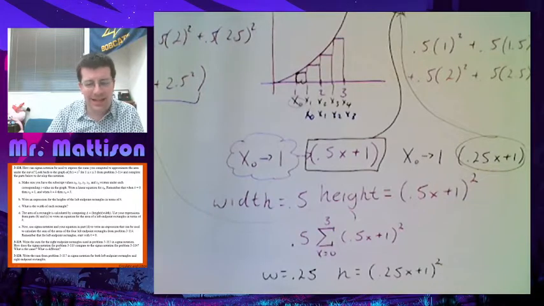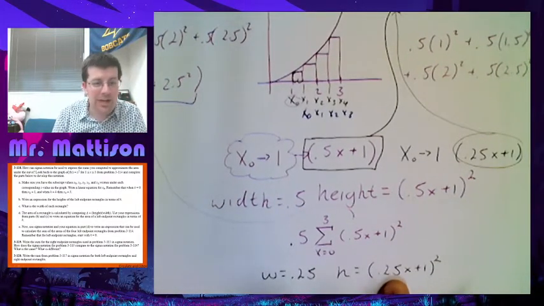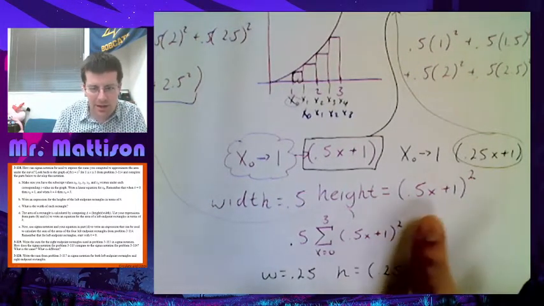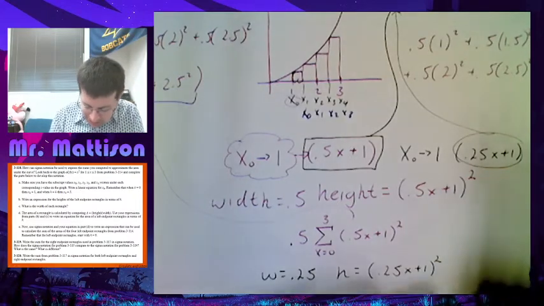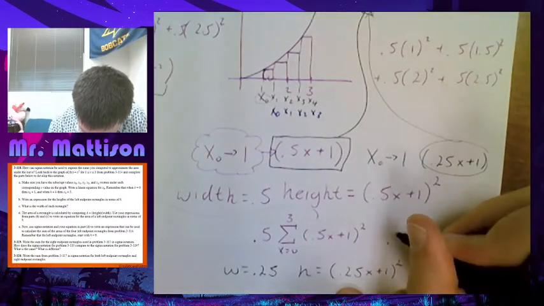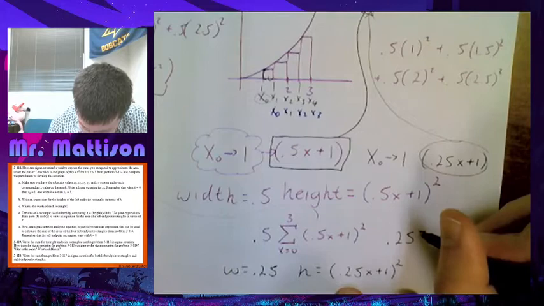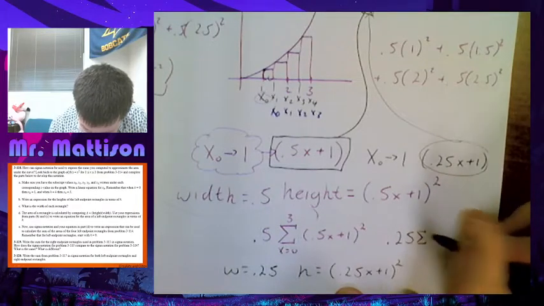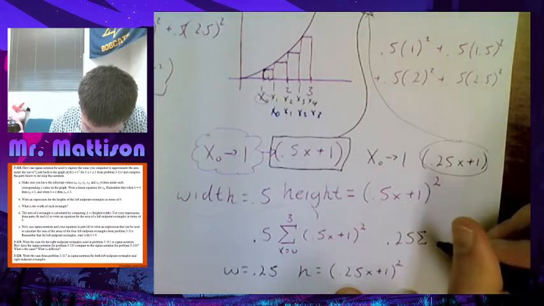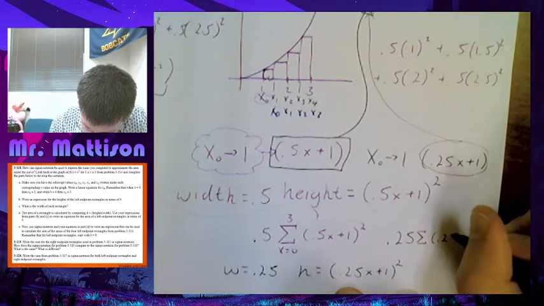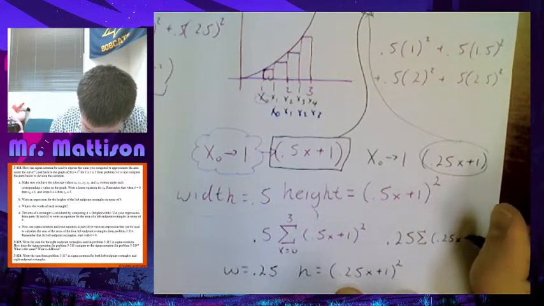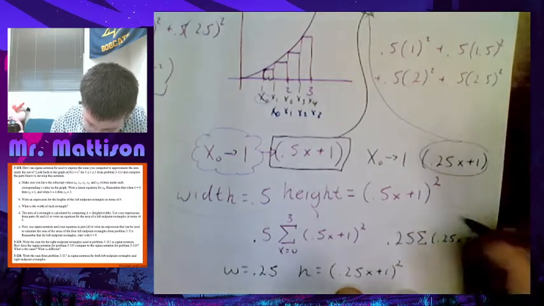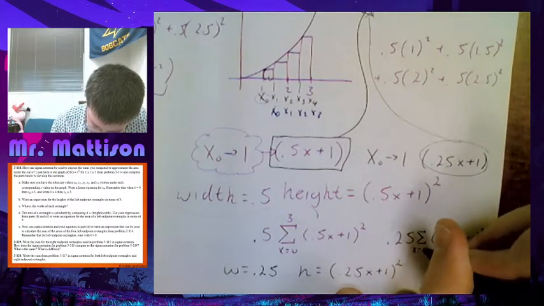And I'm doing the exact same thing. I'm just going to count by a different number here as opposed to counting by the 0.5s. So then my summation would be 0.25 times the sum of 0.25x plus 1 squared. Now I go from x equals 0.